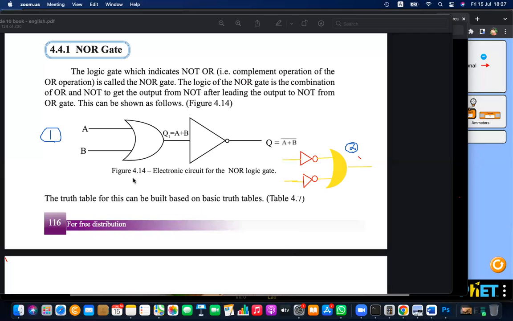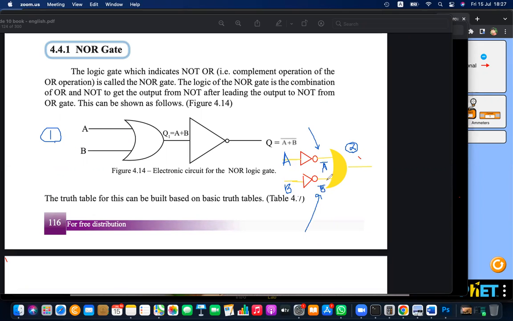Yes, how can we do this? First of all, you have to write this carefully. So if this is A, and if this is B, can you tell what will be at this arrow point? This will be A not, A bar. And this point is B bar, B not.